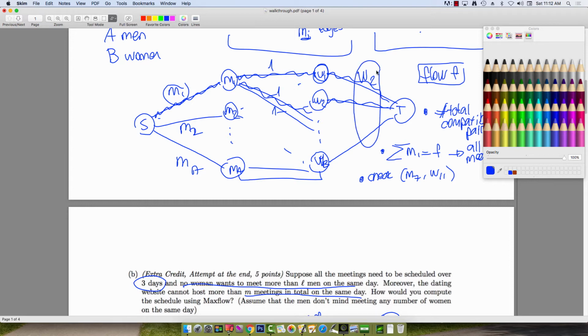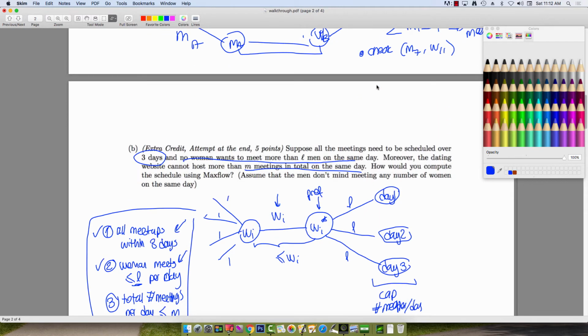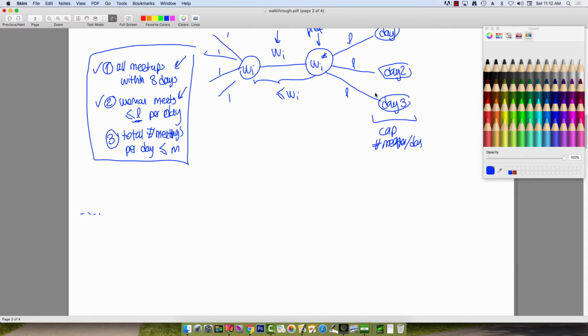The flow from those edges. Because initially, each woman has more preferences, more meetup opportunities, than they might accept. So by summing up the flow from the last set of edges, we can get the total number of meetups that happen. So we're going to use that fact.